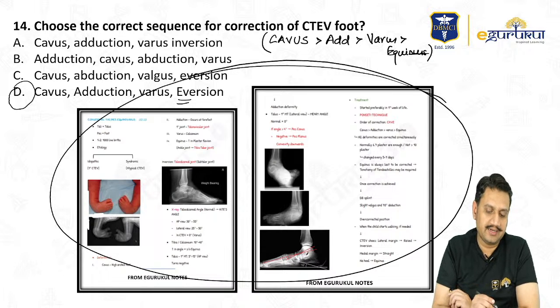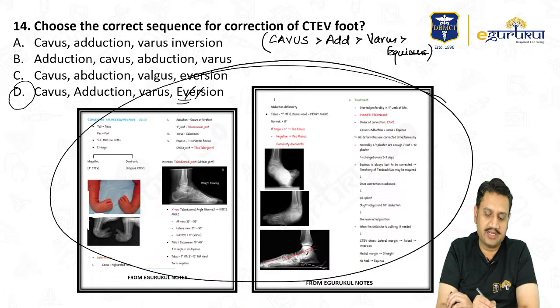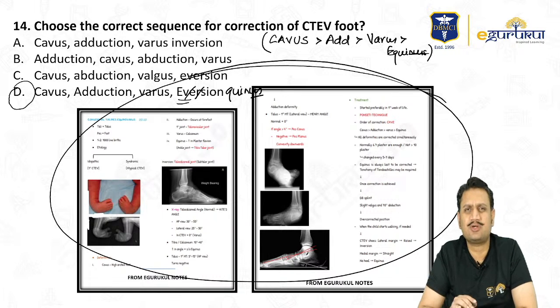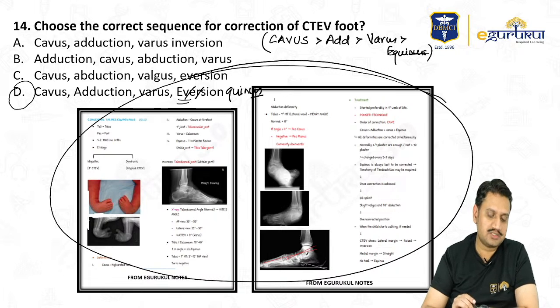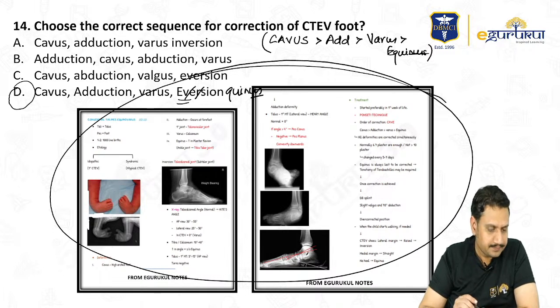The options provided here are not correct; it should not be eversion, it should be equinus. Eversion is not a deformity in CTEV. So this is the best option. Radial nerve has supply from C5 to C7, so spared. Okay, perfect.